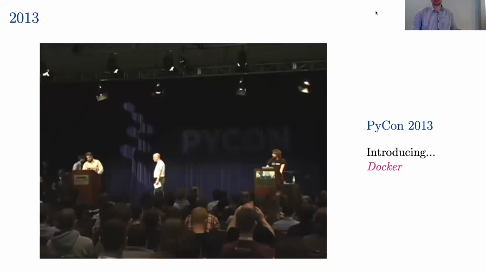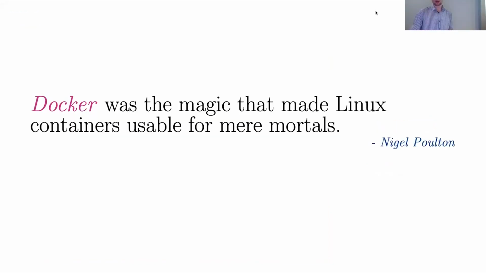So this container technology tended to build on top of each other, which is good. And why did Docker take off? Well, this is one hint towards why. We've got this quote from Nigel that says, Docker was the magic that made Linux containers usable for mere mortals. So a big part of Docker is that it's usable. You would want to use it. Whereas containers before Docker, not so much.